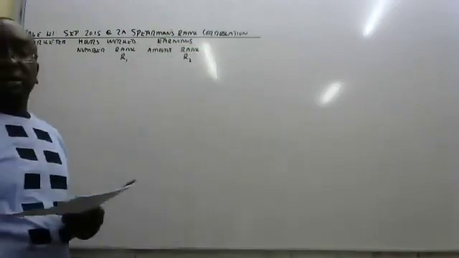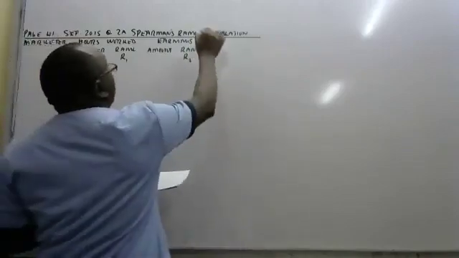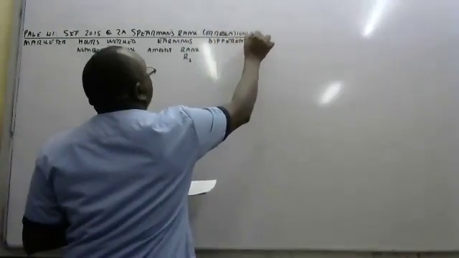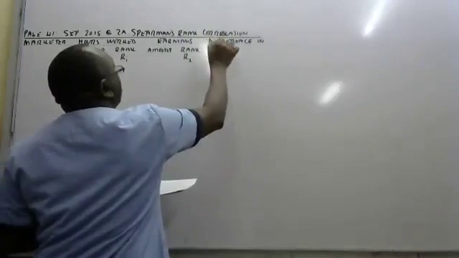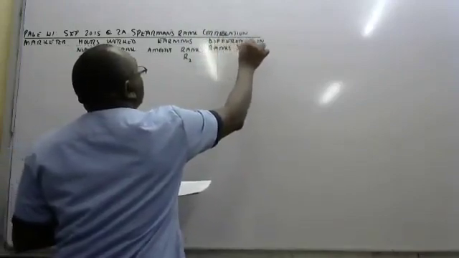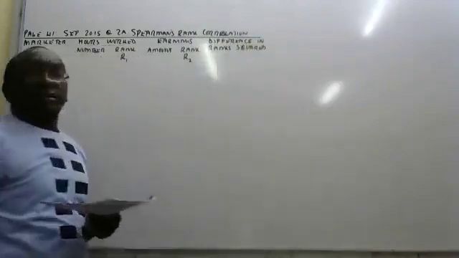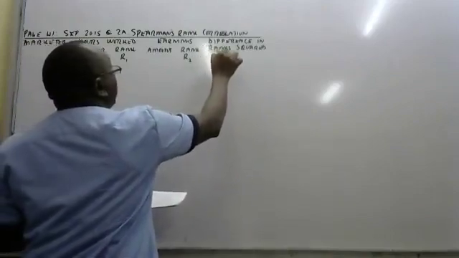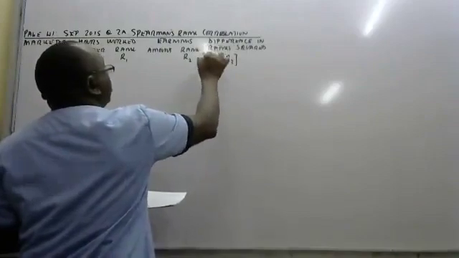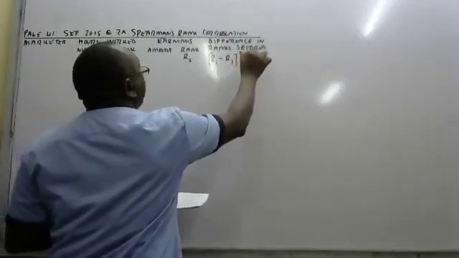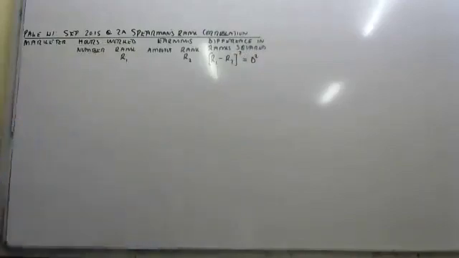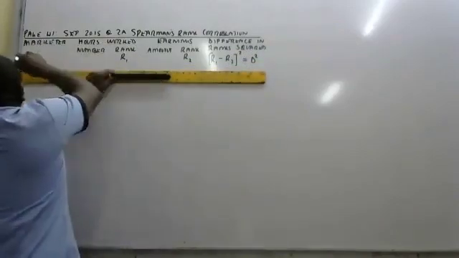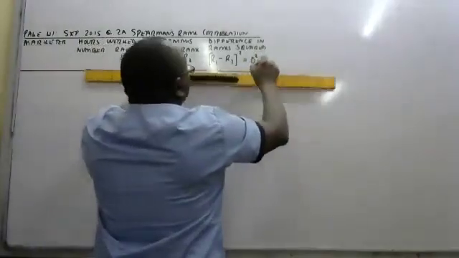That is rank 2. Then we have the difference in ranks squared. This one is given as R1 minus R2. You square the difference, and we normally give it as D squared.